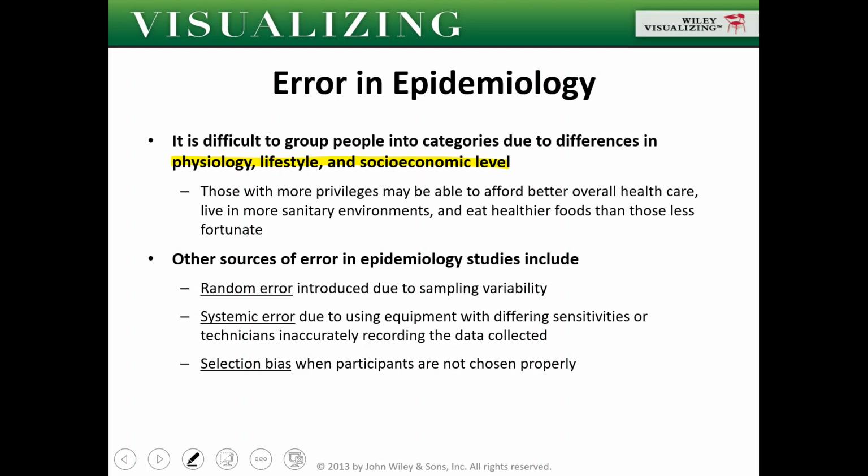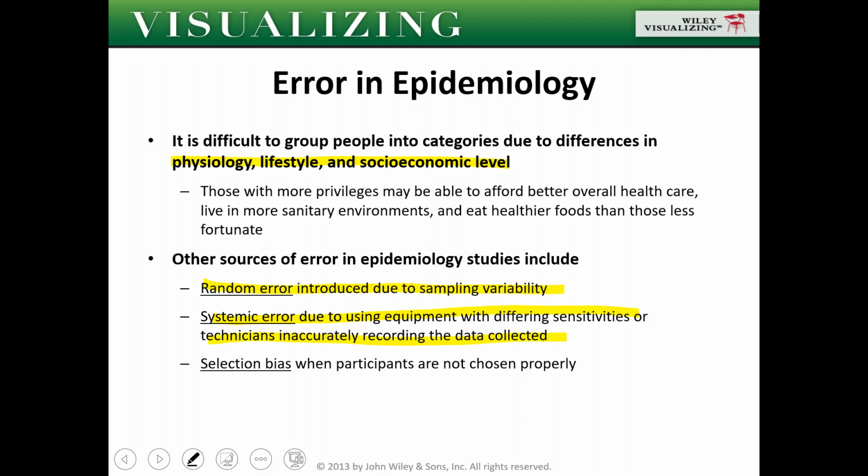Now, the main sources of error in epidemiological studies include, first of all, random error. Obviously, the population is variable. People can be of different age, smokers, non-smokers. Systemic error, problems with the data collection, okay?